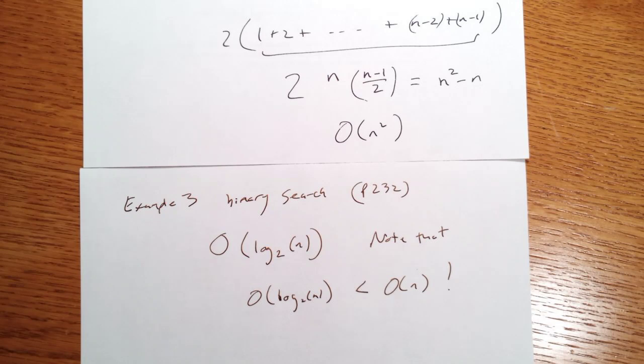Now, I prefer to do worst case analysis. In this case, the binary search worst case would tell me that the number I'm looking for is not in the list. And I would repeatedly cut it in half and cut it in half until I got to, oh, there's only one thing on my list. i equals j, spit that out. That's not the number I want. Return location is 0.